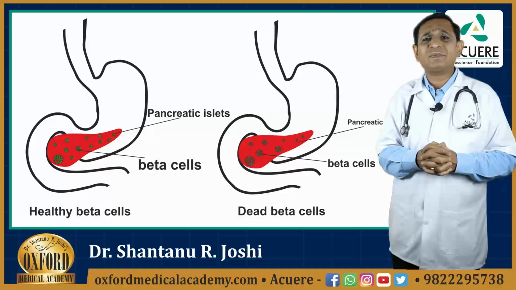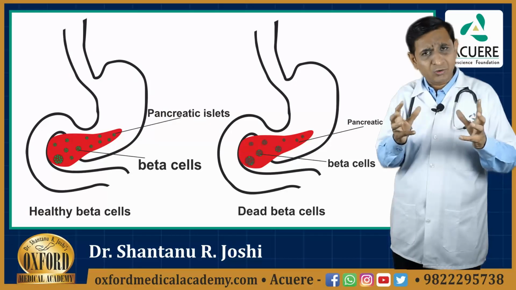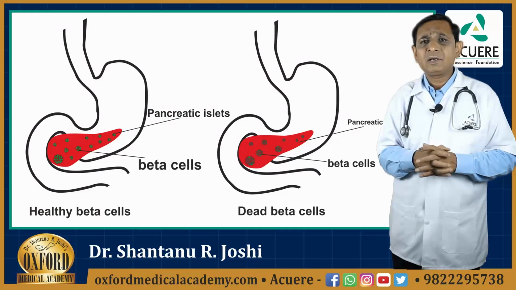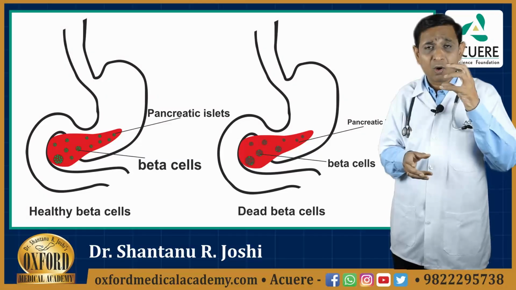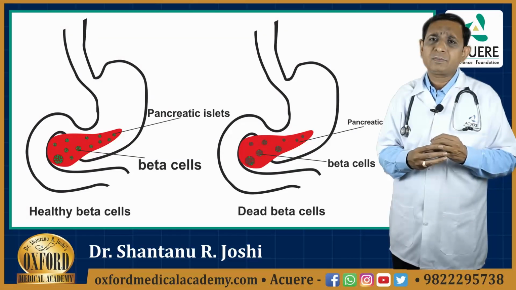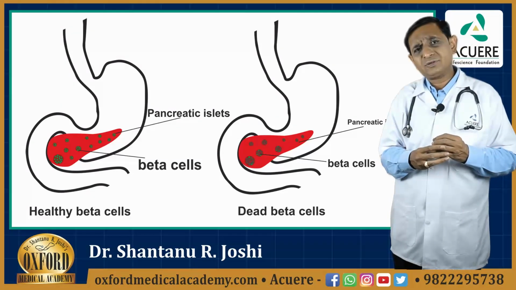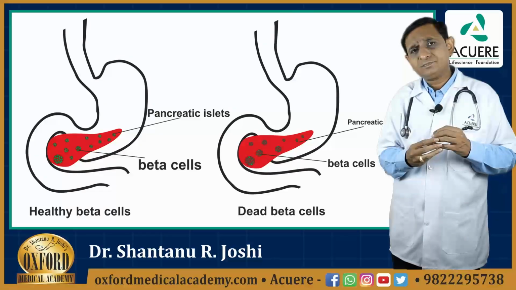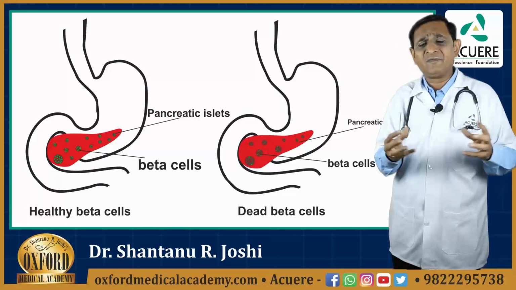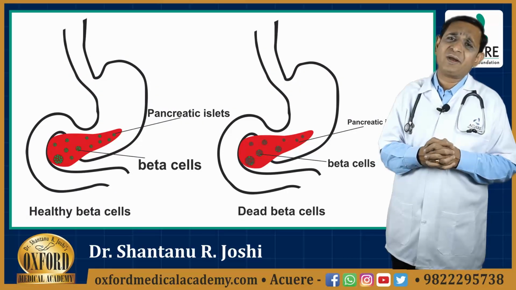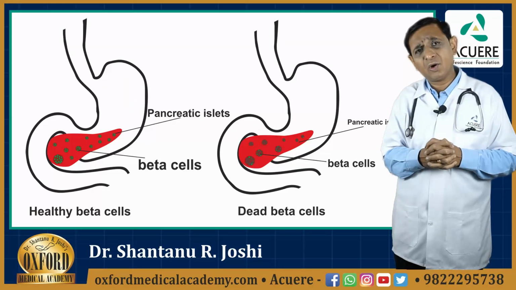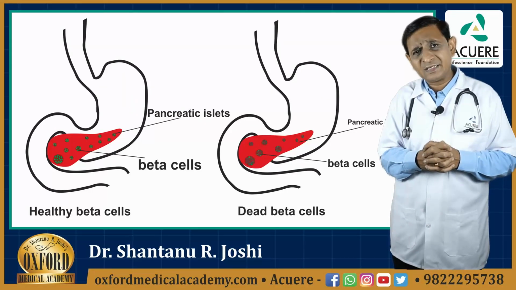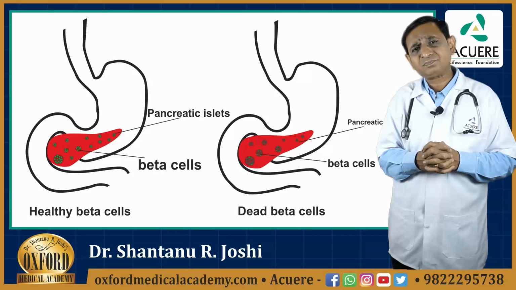Why is there death of these cells? We don't know the exact cause, but we incriminate some autoimmune response or some unidentified viral infection for such death of the beta cells.